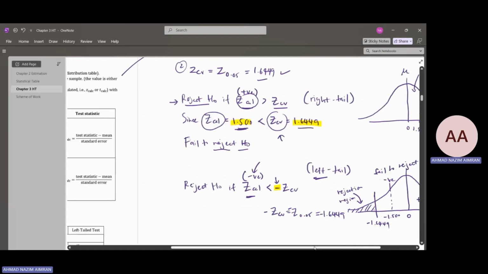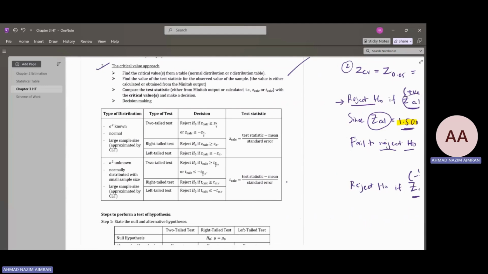All right, so I hope it is clear, and it helps you to understand what this decision rule means. What we have discussed is actually these two, 1 and 2.